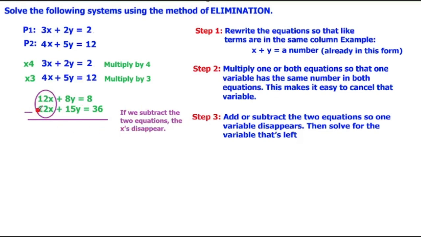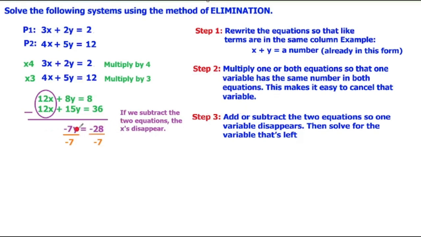So 12x minus 12x is 0. And then we take 8y minus 15y, and then 8 minus 36. So that's going to give us negative 7y equals negative 28, because 8 minus 15 is negative 7y, and 8 minus 36 is negative 28.